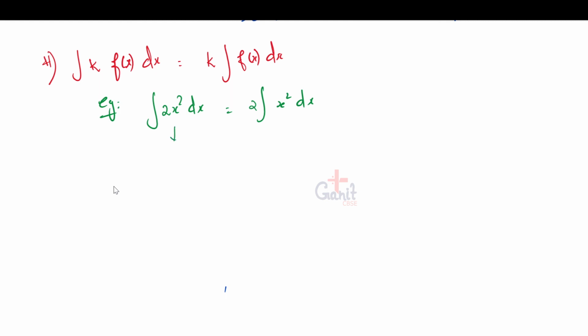If I integrate this, x cube by 3, which can be simplified as x cube by 3, here also 2x cube by 3, so they are same. So I can remove the constant, then integrate the function, I'll end up with the same answer.